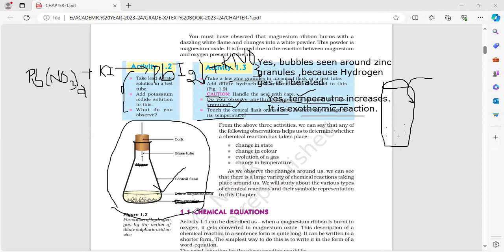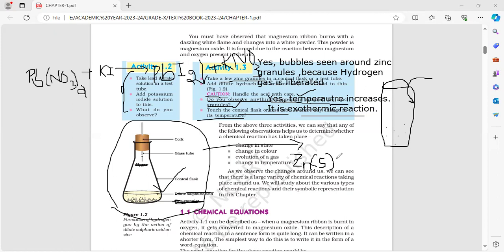Okay, fine, so we have studied activity 1.3 also. Now what is remaining? He may ask you to write the chemical equation for this reaction. So what are we taking, tell me? We are taking zinc granules, so I'll write Zn, Z capital, N small, and it is in which state? It is a metal, a solid state.